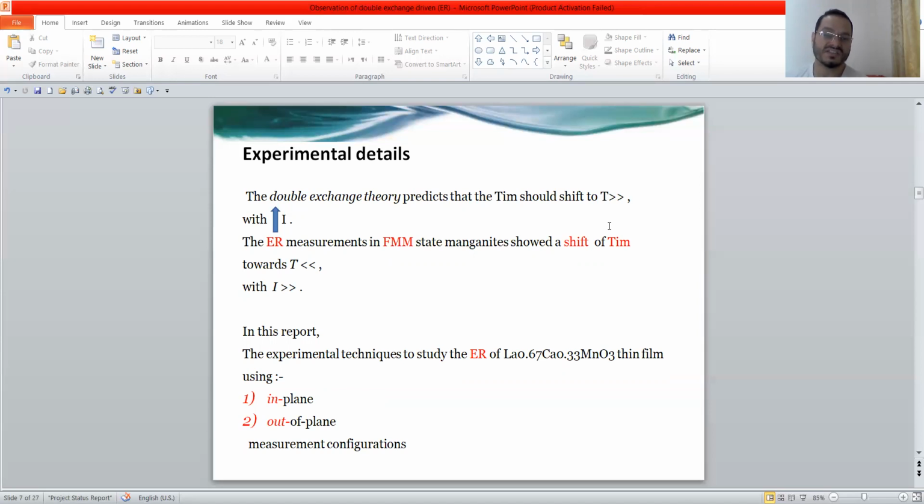The electric resistance measurement in ferromagnetic material should shift the material's insulator temperature toward a lower temperature.